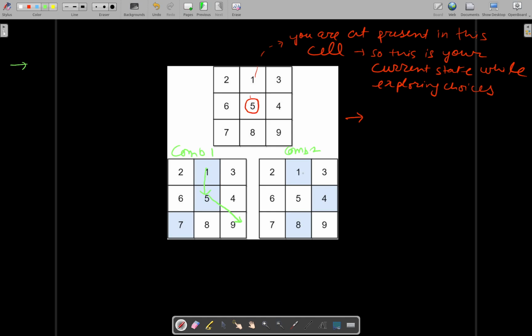Let's say you decide to pick 1 first and then you went here, and then instead of going to 9 you went to 8. So as you can see, this part of these two paths or combinations is repeating. So we are having overlapping subproblems.